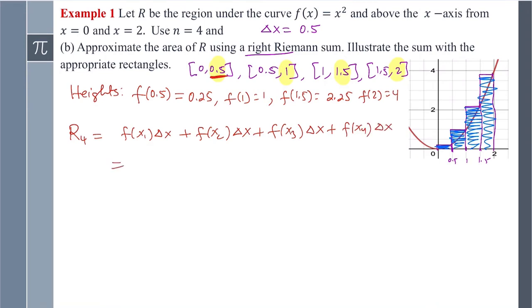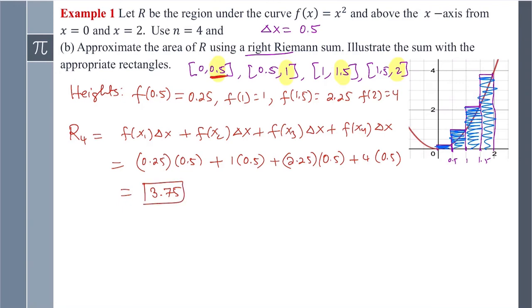So that's 0.25 times 0.5 plus 1 times 0.5 plus 2.25 times 0.5 plus 4 times 0.5. And when we put this into the calculator, we get 3.75.